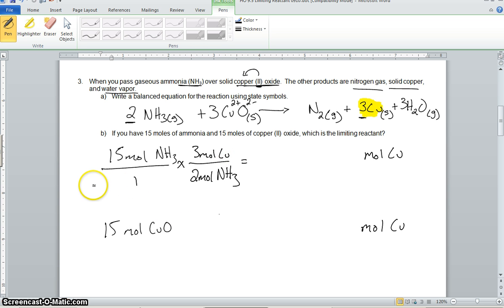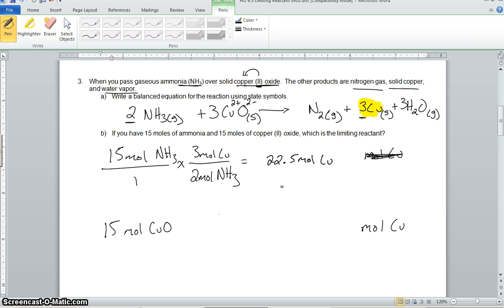Well, 15 times 3 is 45, divided by 2. 45 divided by 2 actually gives us 22.5 moles of copper. So if all 15 moles of our NH3 ammonia react, it's going to make 22.5 moles of copper.